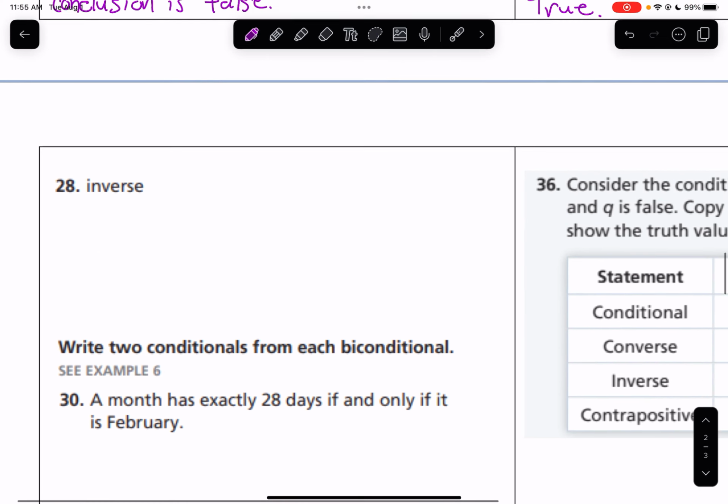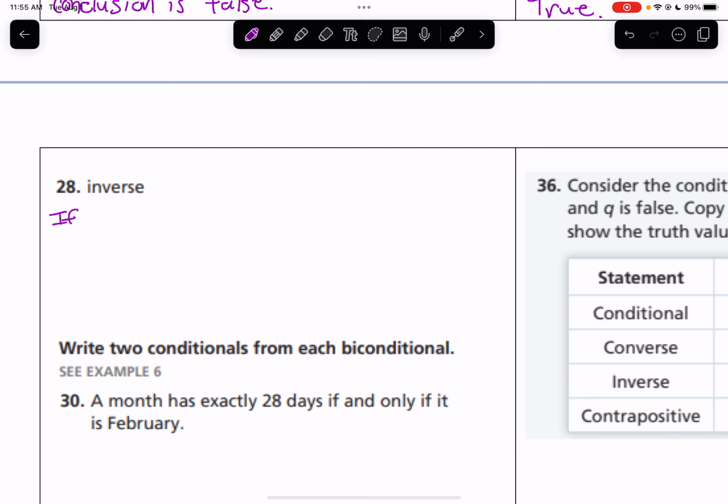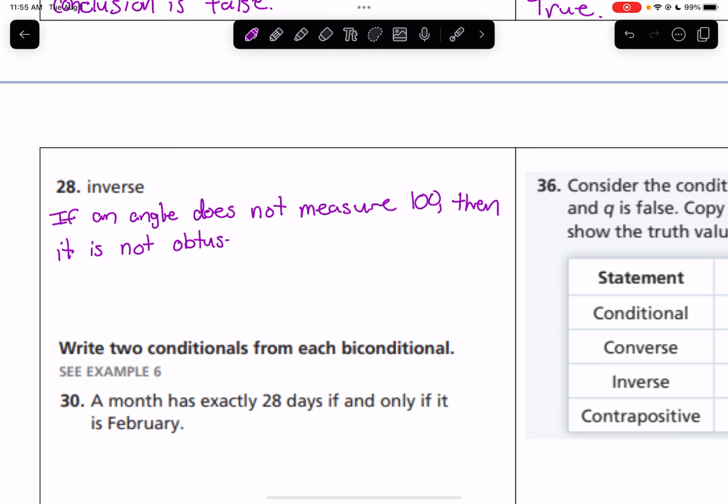So if an angle does not measure 100, then it is not obtuse, right? And always the inverse and the converse will have the same truth value. So since the converse is false, the inverse is also false.